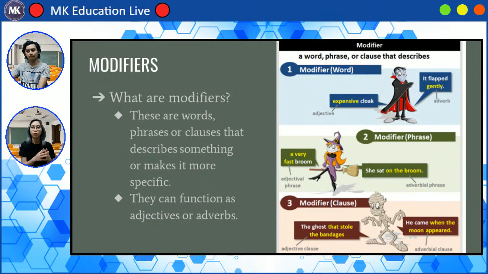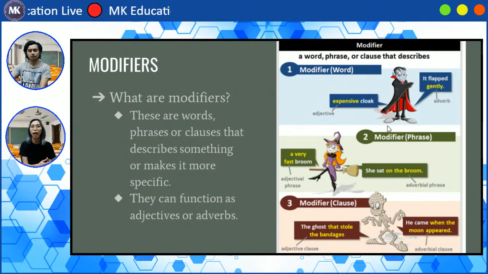So we have the first example, expensive cloak, okay? The modifier here is expensive, since it's an adjective and it modifies the word cloak, which is your noun. The second one, it flapped gently, okay? We have an adverb, and that is our modifier. It still modifies the cloak.